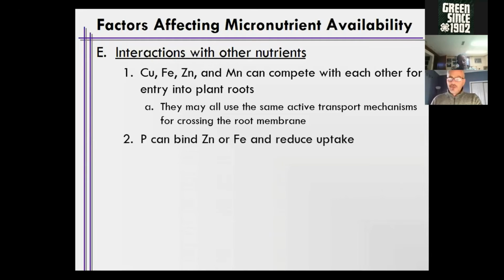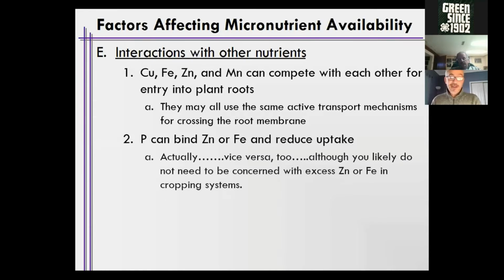Another really interesting fact about interaction with other nutrients deals with phosphorus, and phosphorus can form associations with zinc or iron and create insoluble mineral phases present in the soil. So if you make an oops and really over apply phosphorus, which I'm assuming all of you do not do, you can force zinc and iron to become unavailable or below the level by which we consider deficient in soils simply by over applying or applying in excess phosphorus.